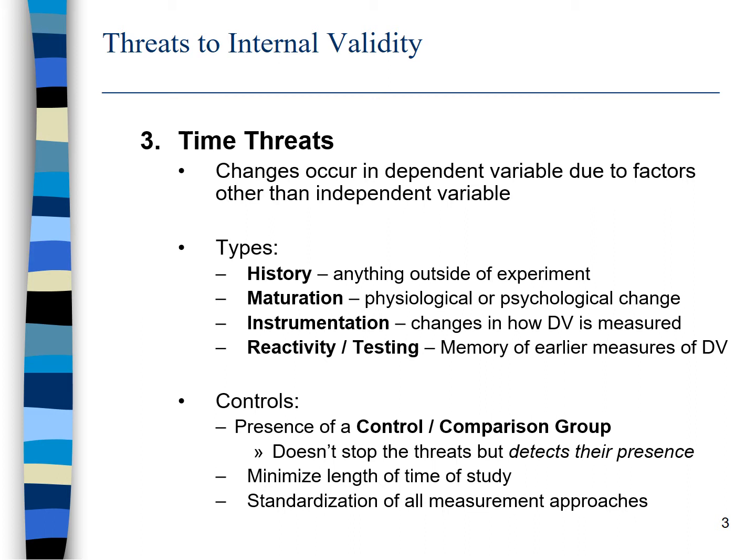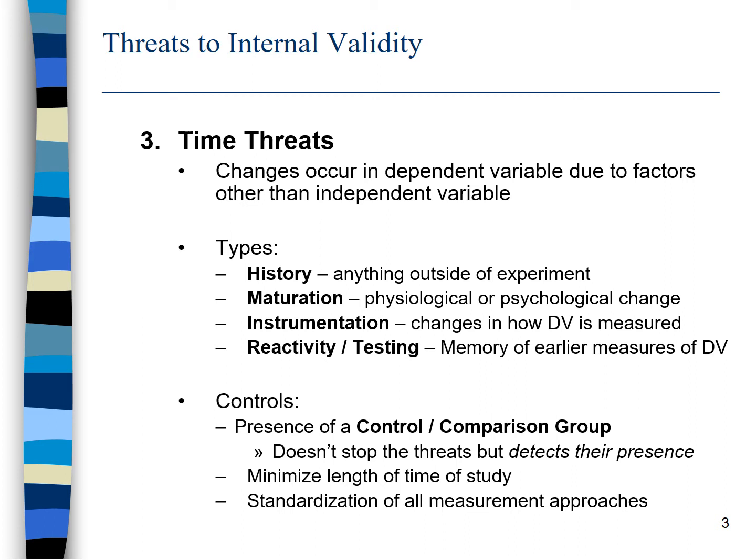So how do we control for these time threats? Well, when in doubt, the best control for a time threat is to make sure you have a control group. That's the gold standard to detect the influence of time threats. You'll notice down here at the bottom where I say controls, presence of a control or comparison group, it doesn't stop those threats from occurring, but it detects their presence. And why is that important?